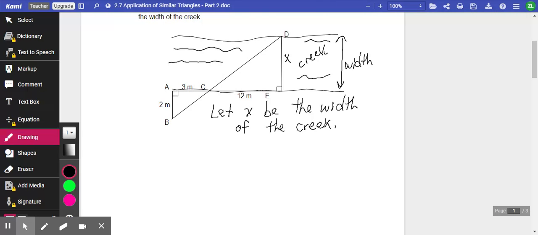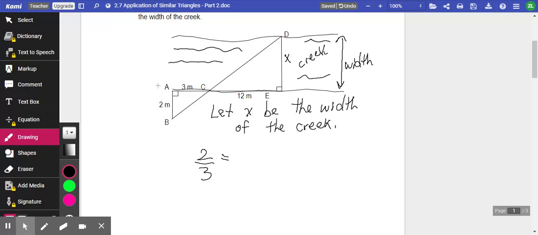So if we have the ratio 2/3, and we do it on this side here with this triangle across the width of the creek, the side A to B is similar to the side D to E based on the angles and where they meet.